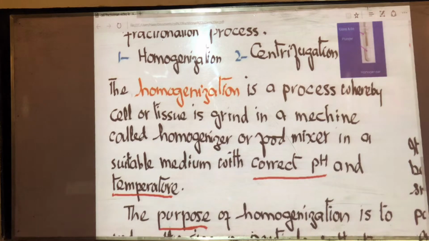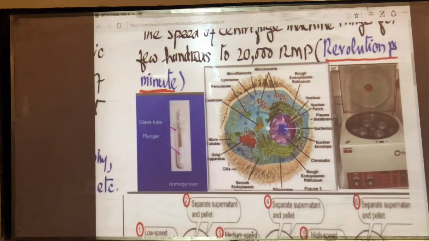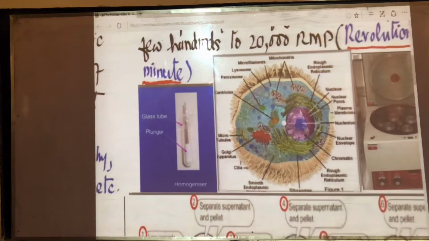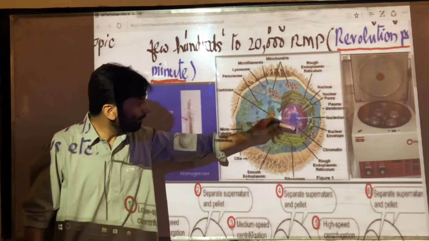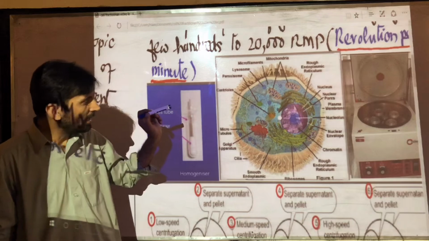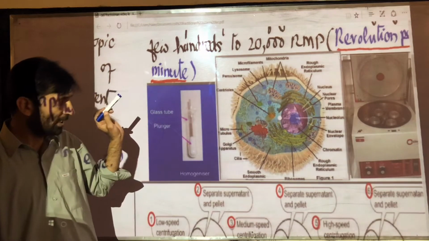So homogenization, as I told you, is the process in which cell components are separated from one another. Now, you have to keep in your mind that cell components are not separated from the cell. For example, you see this is the cell, and in this cell these are different organelles of the cell. These cell organelles are not separated from one another completely.